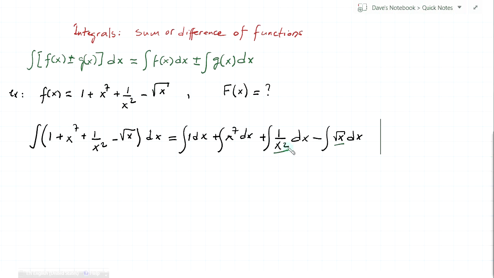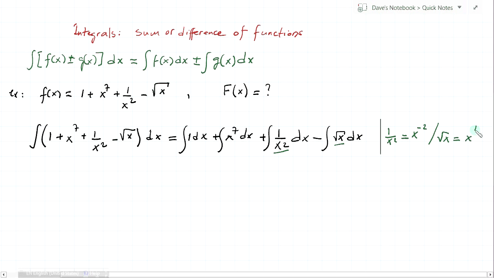Assuming that we can change the fraction into a power, we can write 1 over x to the power of 2 equals x to the power of minus 2, and also the square root of x equals x to the power of 1/2.